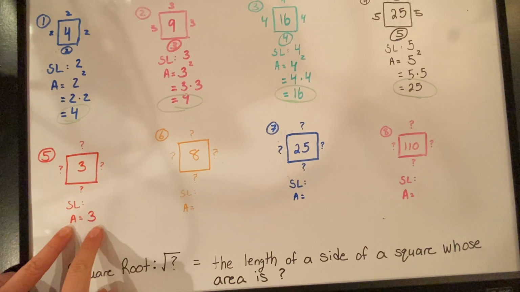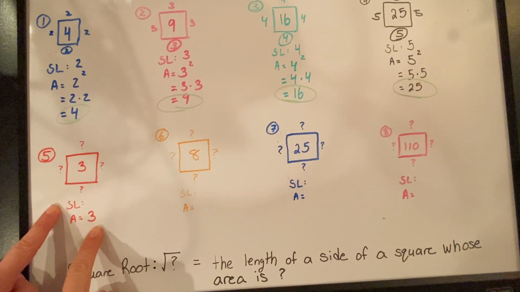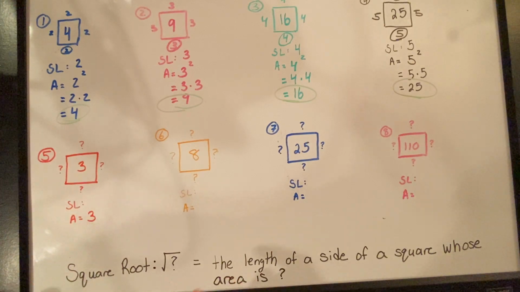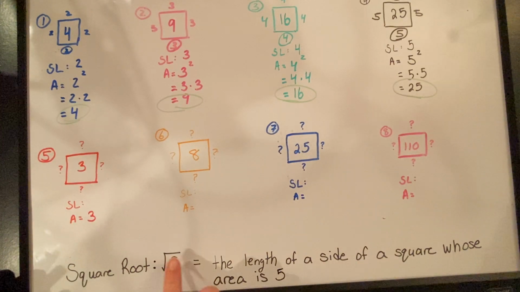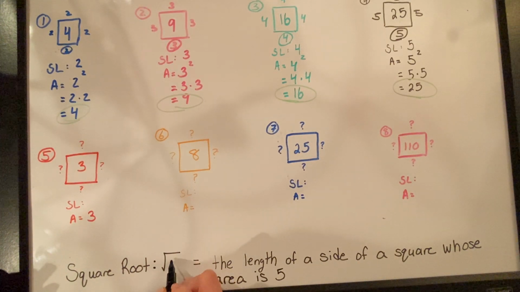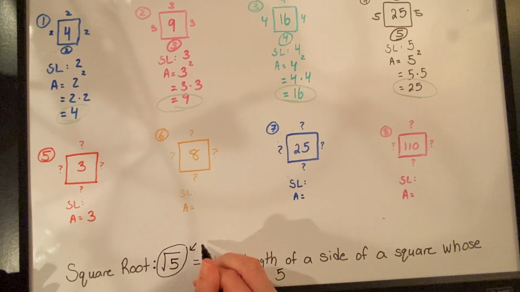So here we have an area of 3. So we need to find the side length. Well, let us say we had an area of 5. So that means this right here is the side length.